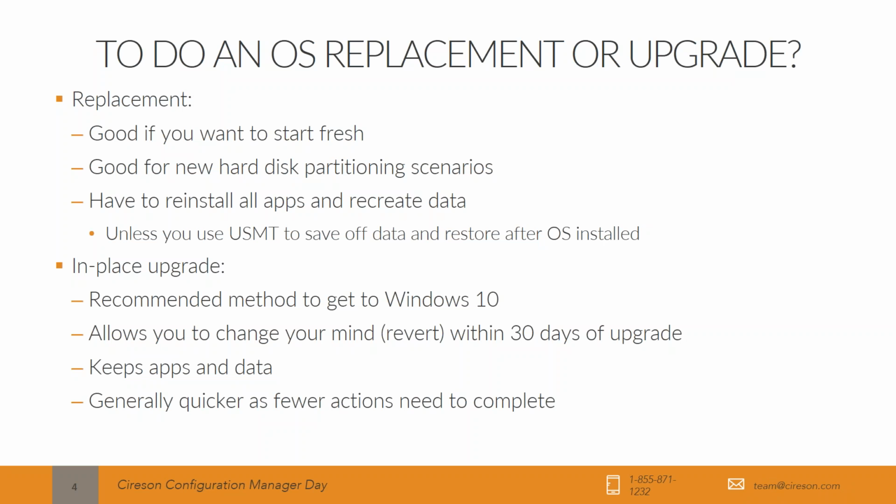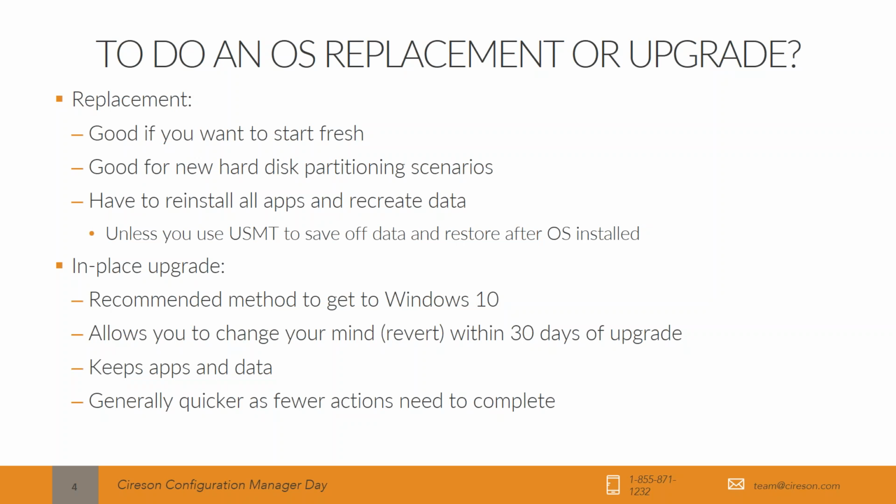So the first thing to think about is, do you want to do an operating system replacement or an operating system upgrade? Those are two different options, and you go about them a little bit differently within Configuration Manager. You're still going to use a lot of the same objects in Config Manager, but there are a little bit of differences there. If you're going to do a replacement, it's good if you want to do a fresh start.